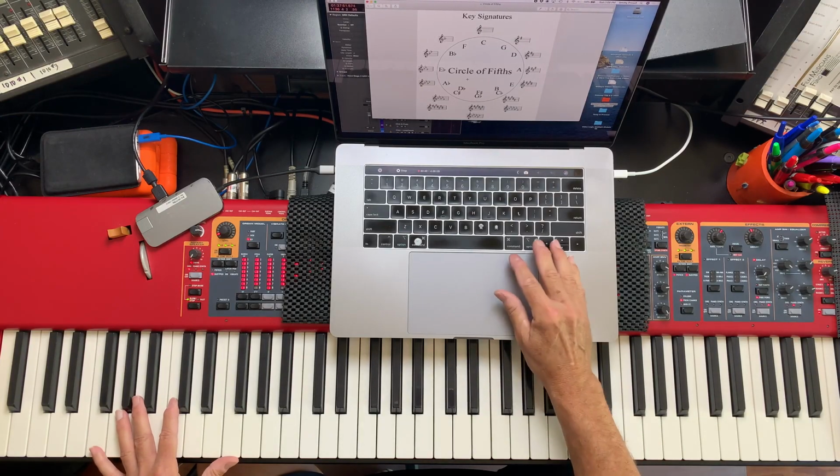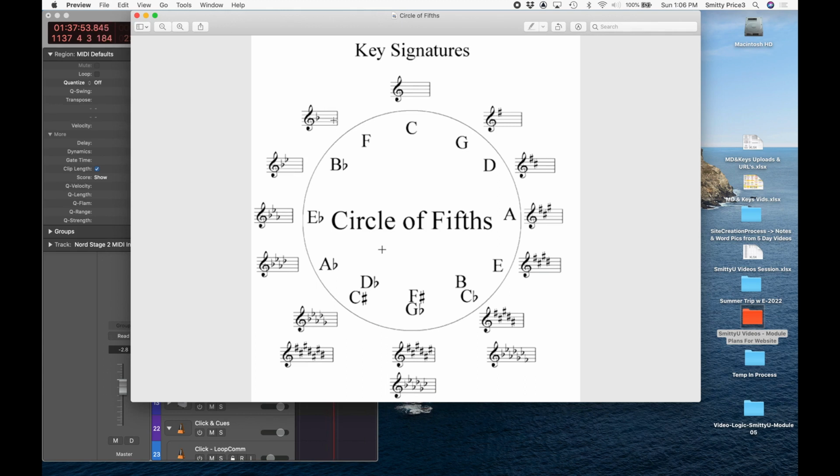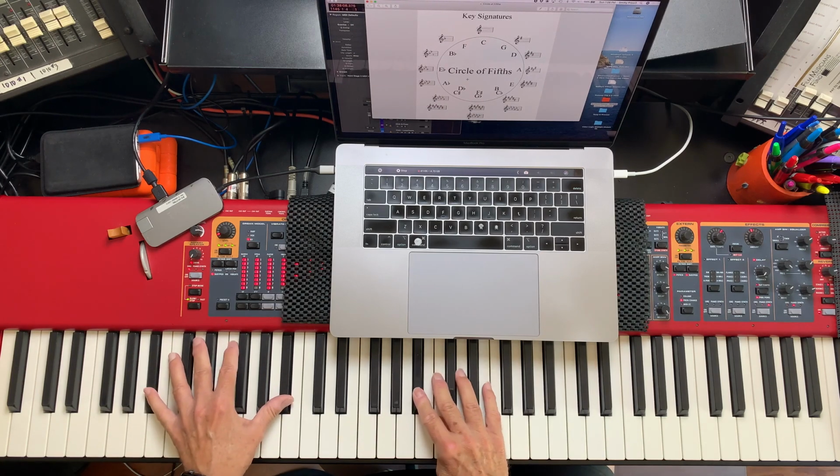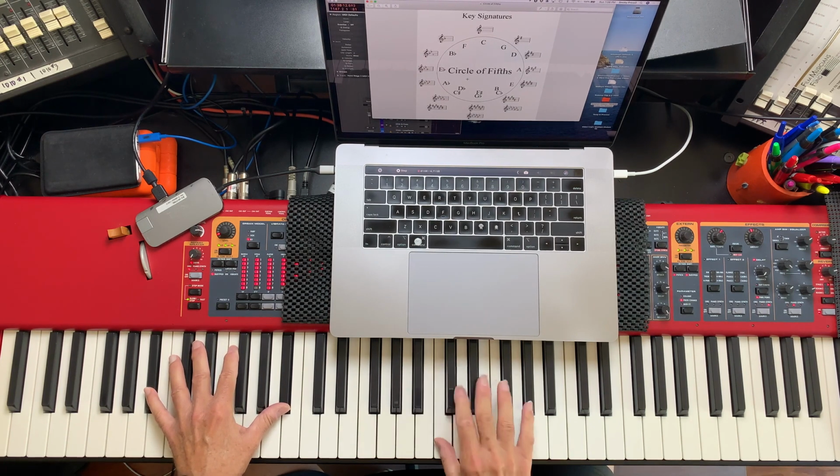Now if we keep going, we move to the next closely related key, and once again we're only going to add 1 flat each time we move around the circle. So we went from 1 flat now to 2 flats, and we're in the key of B flat. So we have B flat and E flat in this key.